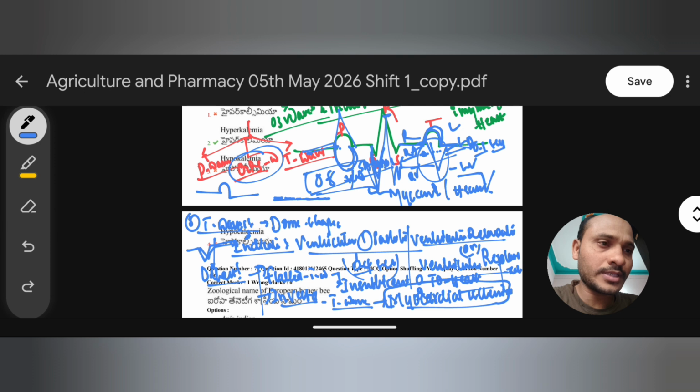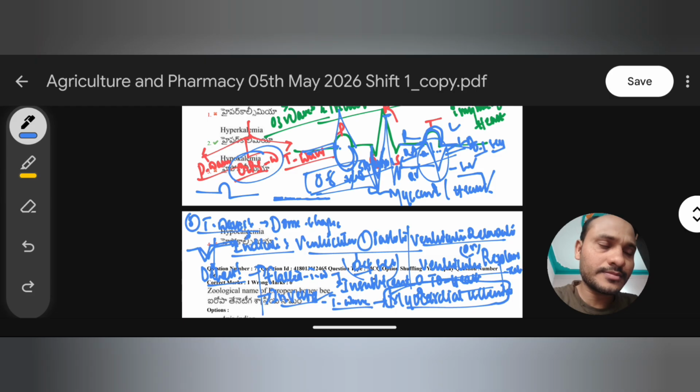Here blood flow is reduced, not completely blocked, so the heart muscle doesn't receive a sufficient amount of oxygen to perform its function. That condition causes myocardial ischemia. So we can analyze this problem by seeing inverted T waves.